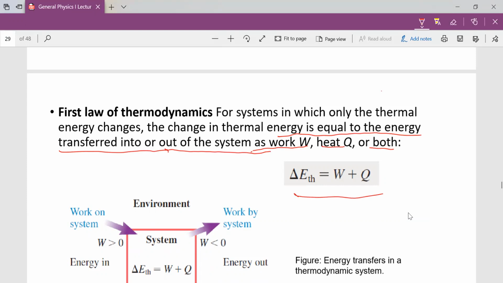Once you remember this equation or the first expression, you should be able to define the first law of thermodynamics. Remember, we said that in the first case where we're looking at energy and how it interacts with the environment, these are the two factors, heat and work, okay?